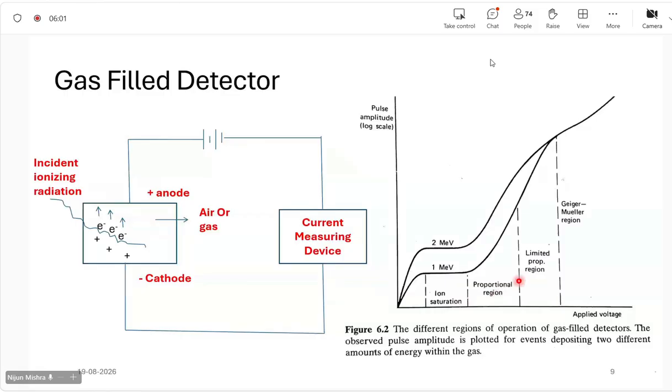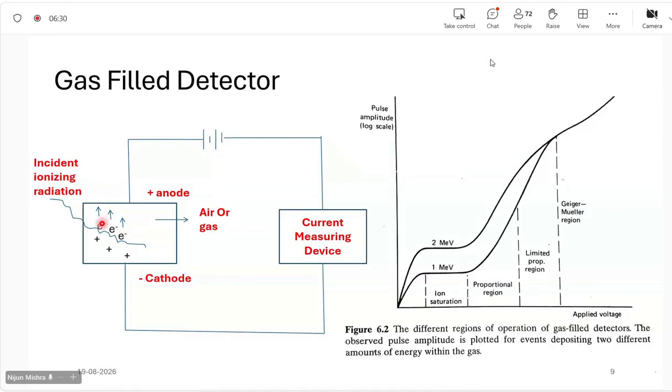So in this case, what happens when the voltage is very low, near zero? When radiation interacts with the detector medium and creates electrons and positively charged ions, this voltage is not sufficient to move them apart. So they easily get recombined with each other, and the pulse amplitude is very low at this point.